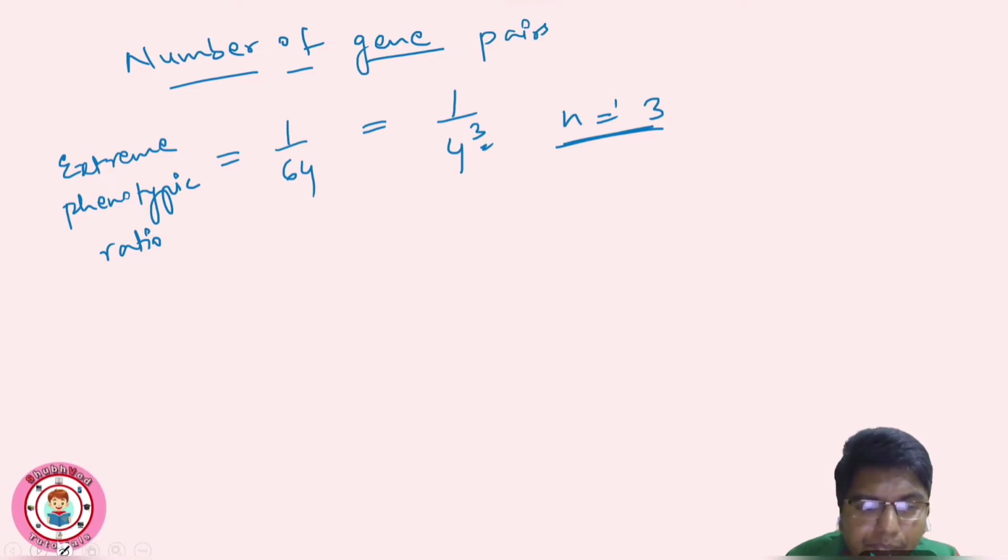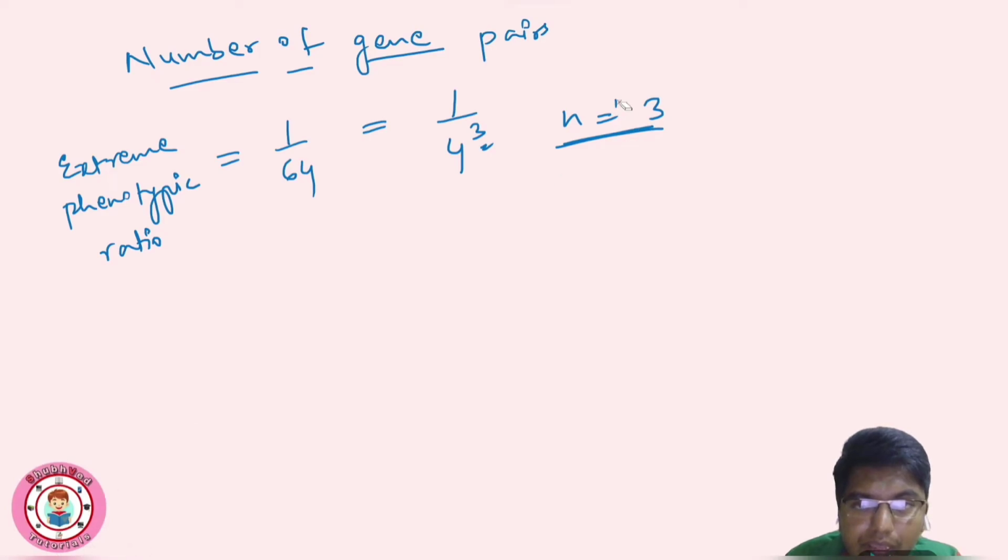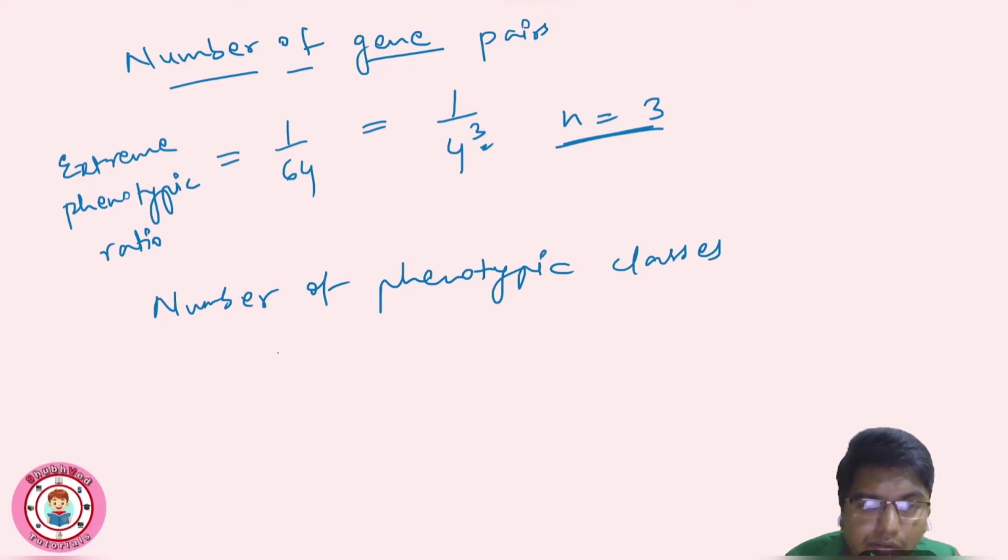Okay. Now from the gene pairs we can calculate phenotypic classes, means how many phenotypic classes we can see in this quantitative trait. The formula for this is, I will write here, number of phenotypic classes. Okay, so here the formula is 2n plus 1.